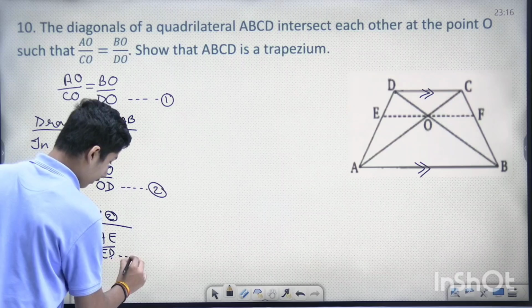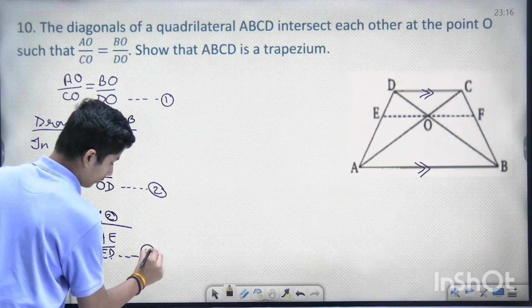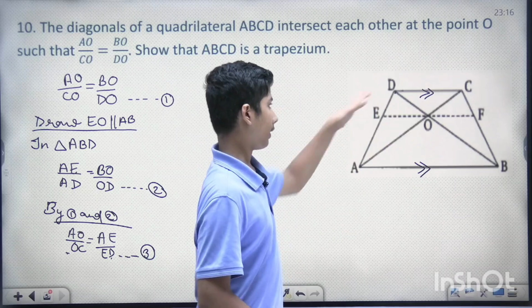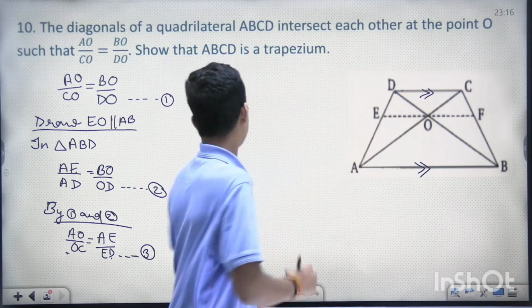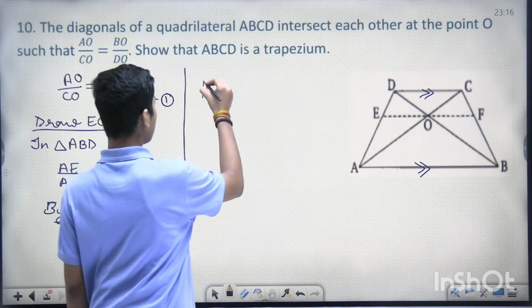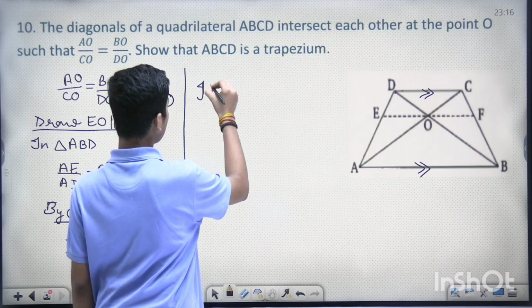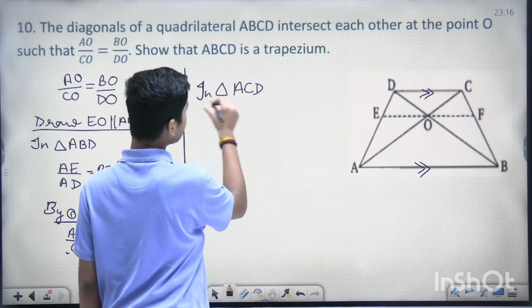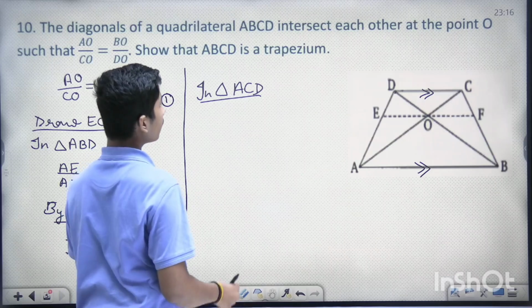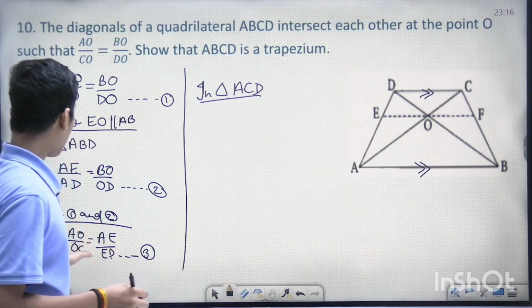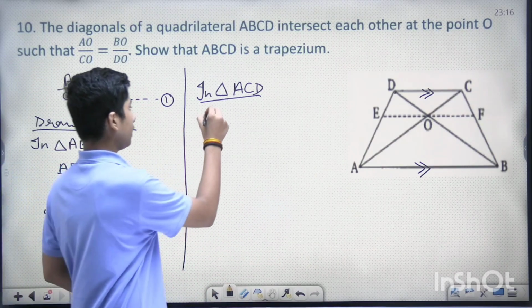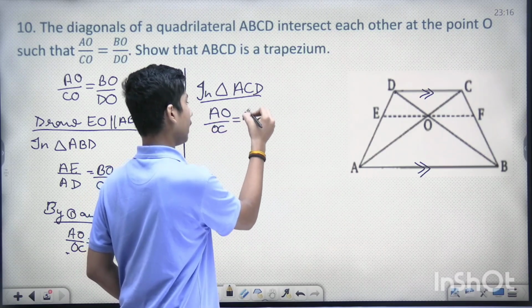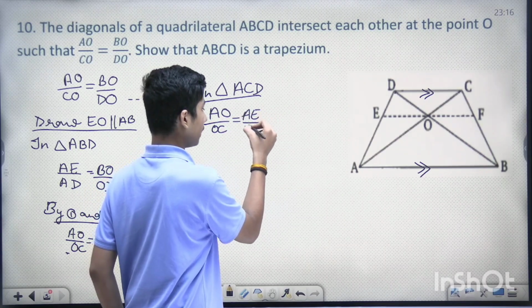This will be equation 3. Now which triangle we'll use? We'll use this triangle ACD. In triangle ACD, AO upon OC equal to AE upon ED.